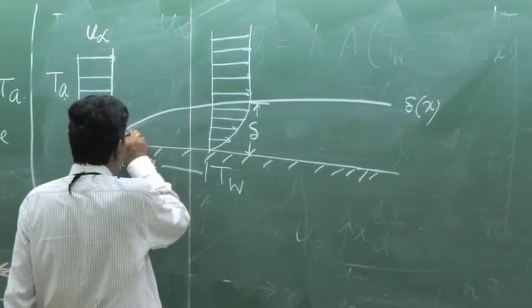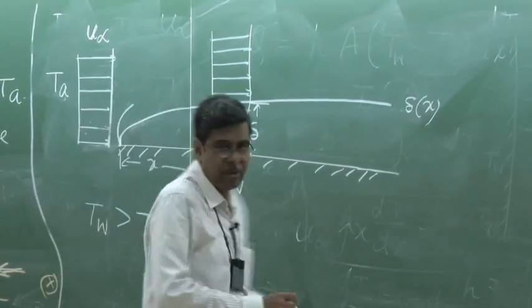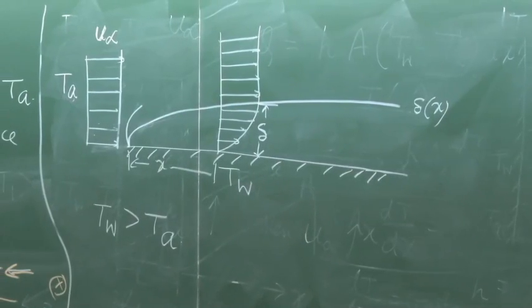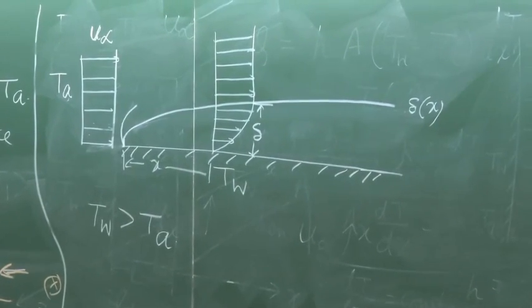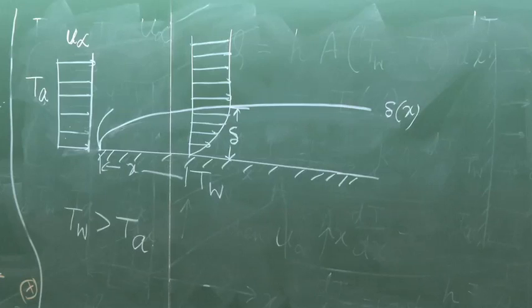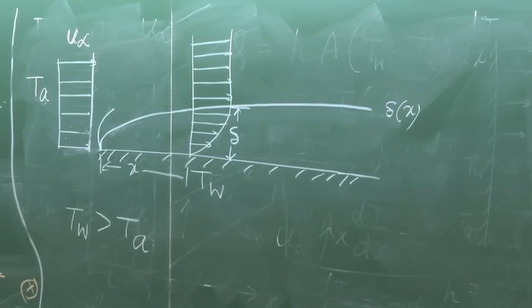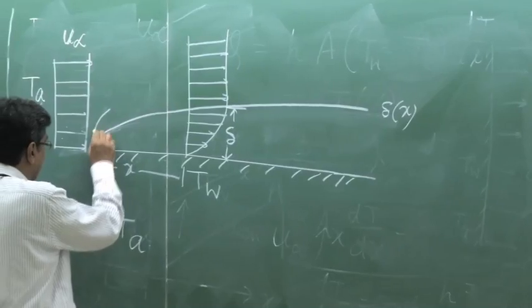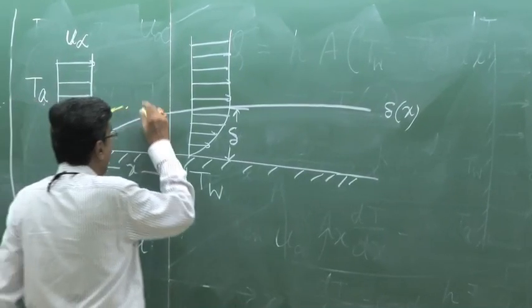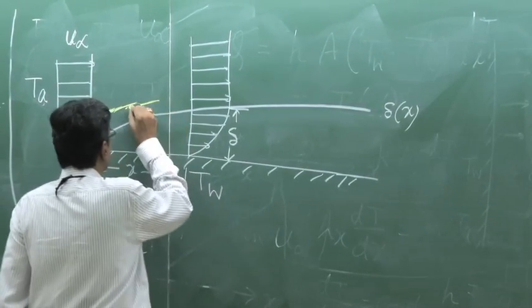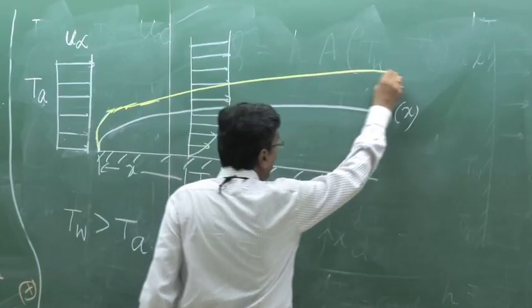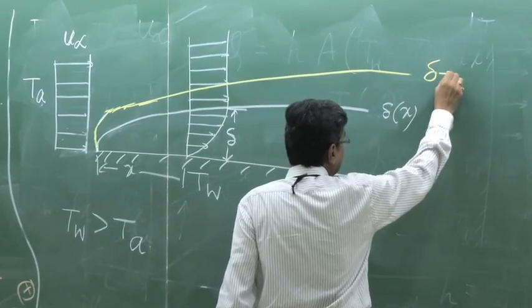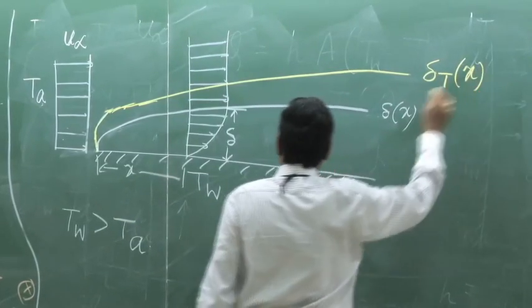And let us consider a thermal boundary layer, which we designate as delta T as a function of x.